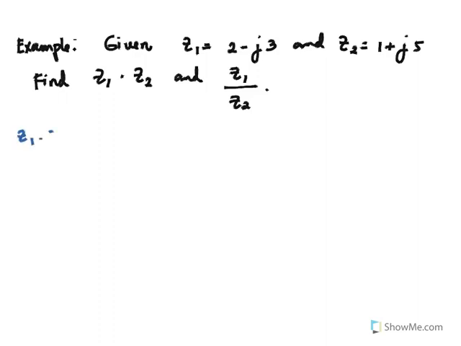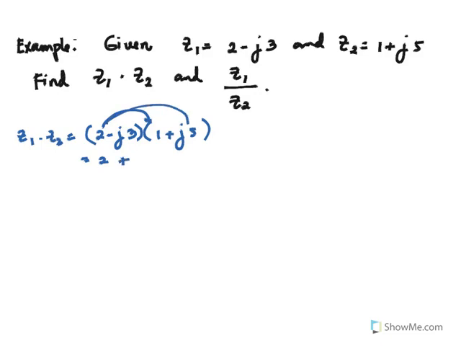So first, z1 times z2, so that's 2 minus j3 times 1 plus j5. So using FOIL method, you will have 2 plus j times 2 times 5 is 10, so that's plus j10, and then negative j3 times 1 is negative j3, and then negative j3 times j5 is negative j squared times 15.